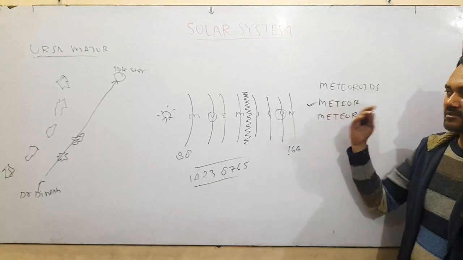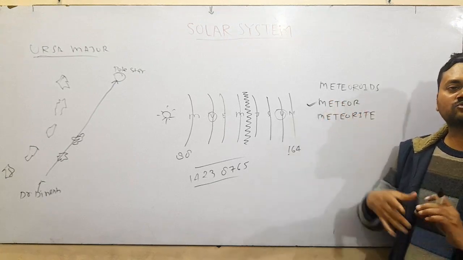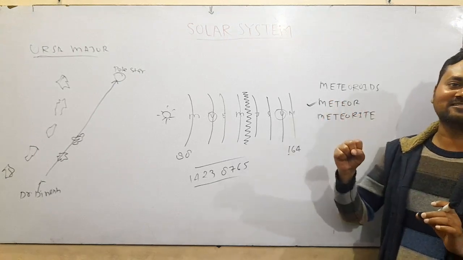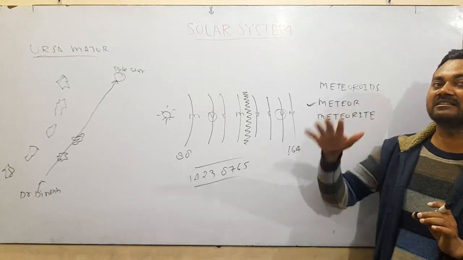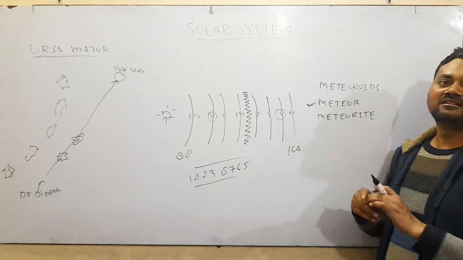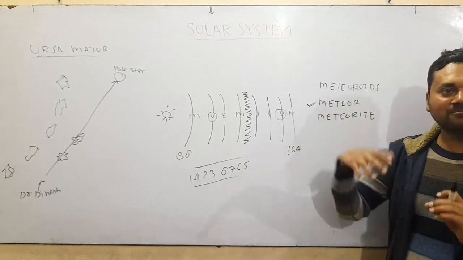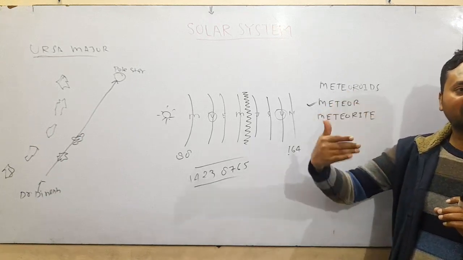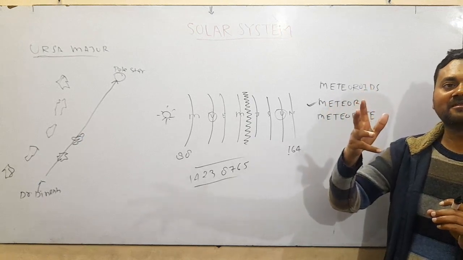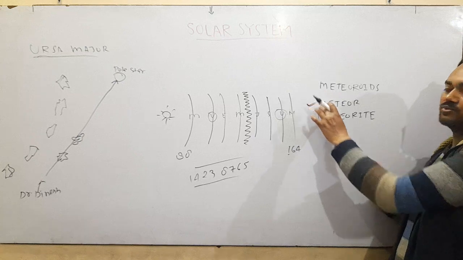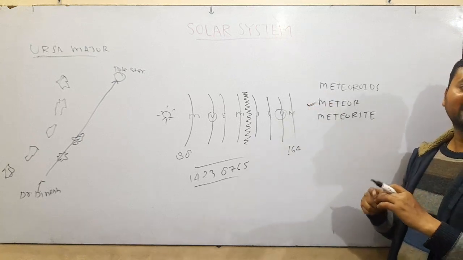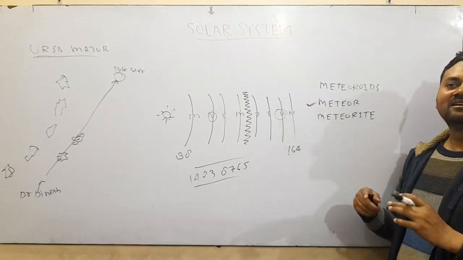So, those which don't get success, which get crushed or burnt due to the friction generated in the earth's atmosphere, when they burn, they generate a flame.